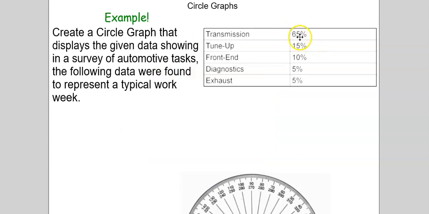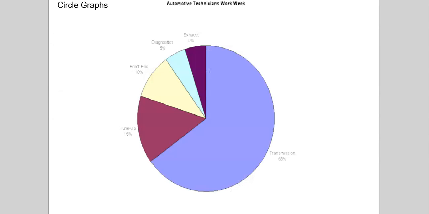So if we did 65% as a decimal, 0.65 times 360, we get 234, which means we'd have to do 234 degrees. Now an easy way to do that is half a circle is 180. So if you take 180 from 234, that just leaves 54. So you first just cut it in half, and then add a 54-degree section onto here.